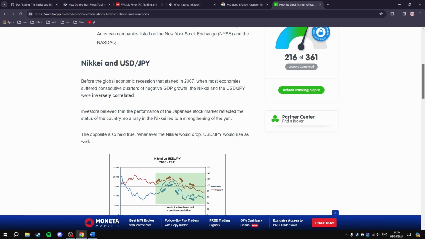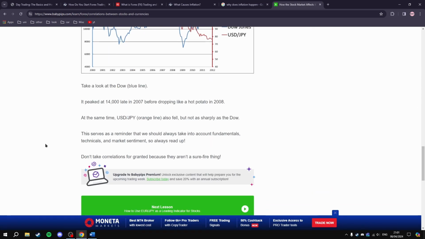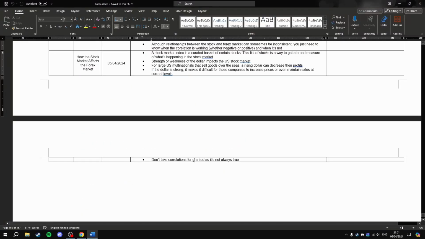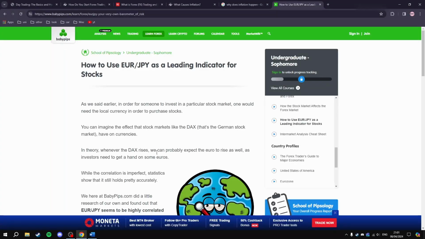That's what we found out, basically. Also, don't take correlations for granted because they aren't a surefire thing. And now we're on to how to use EUR/JPY as a leading indicator for stocks.